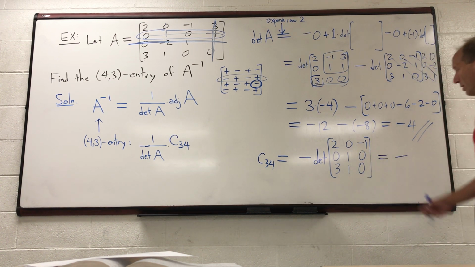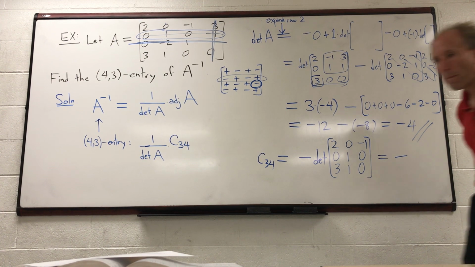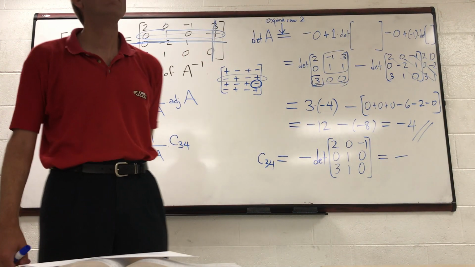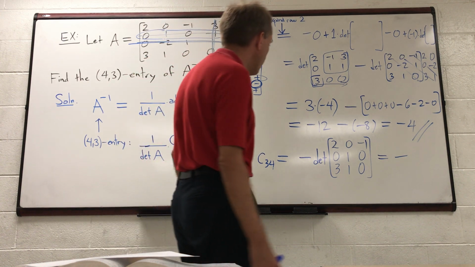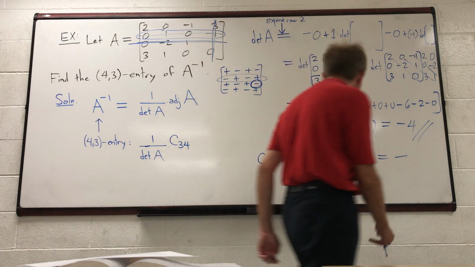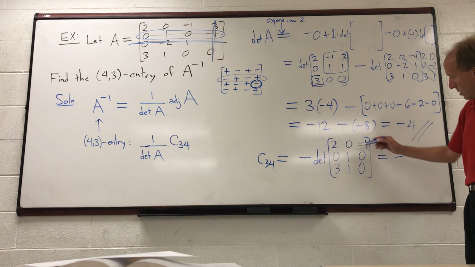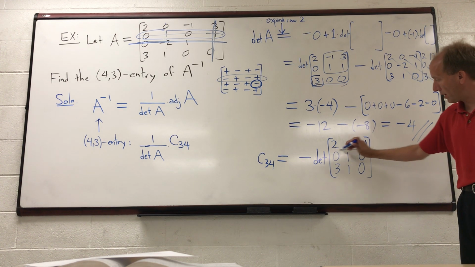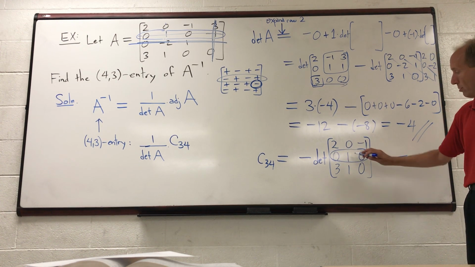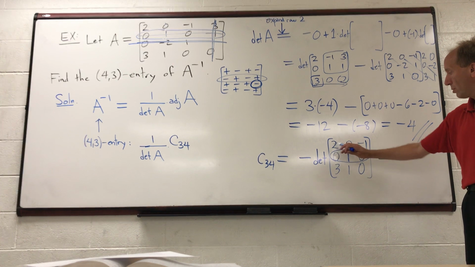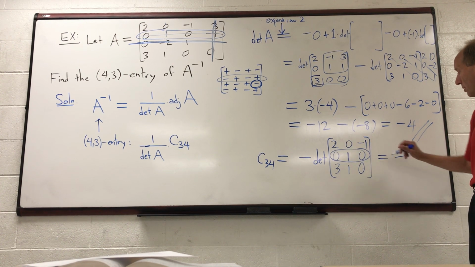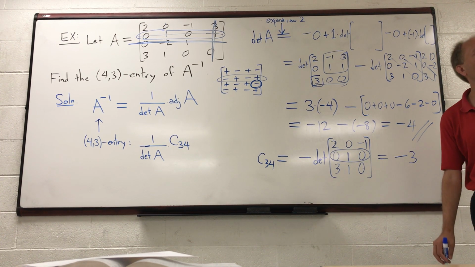What is this determinant going to equal? Pardon? Positive 4? That's not what I'm getting. Negative 3. Yeah, I think it's, if you expand the middle row, for example, you just have 1 times 2 times 0 minus 3 times negative 1 is 3. So you just get negative 3, right?